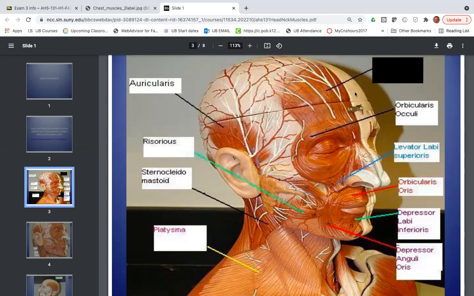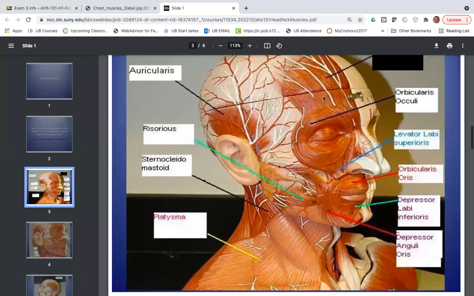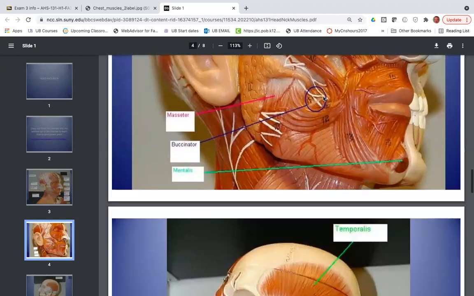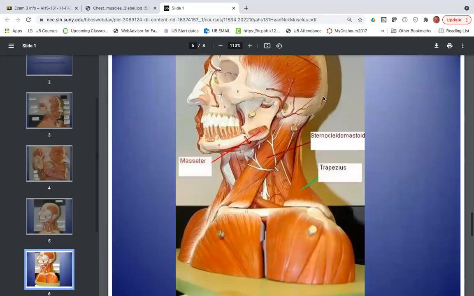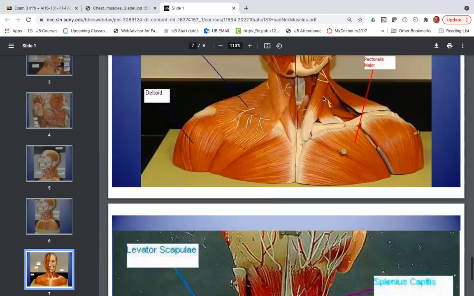And this one right here, it's blocked out for some reason. This is called the Frontalis. Okay. The frontalis, or the frontal belly of the occipitofrontalis. I think they may label that one on another picture. Let me just see if they do.